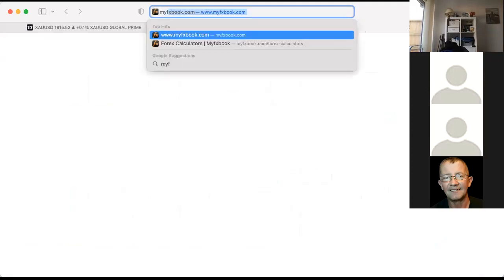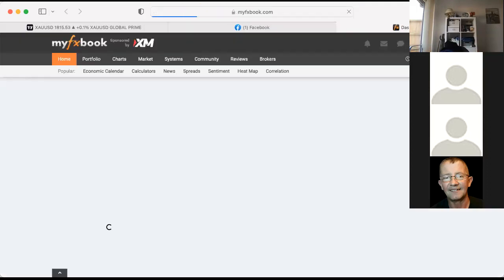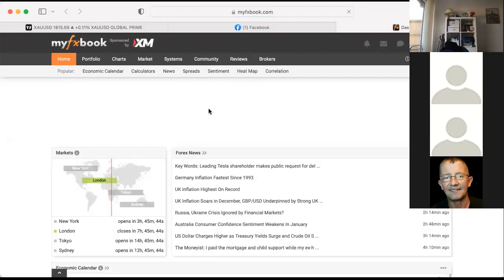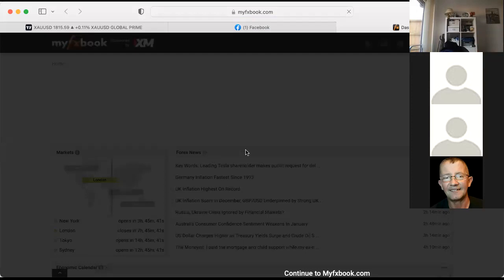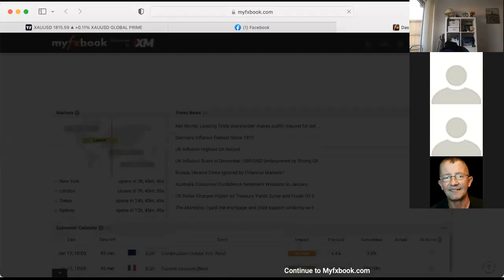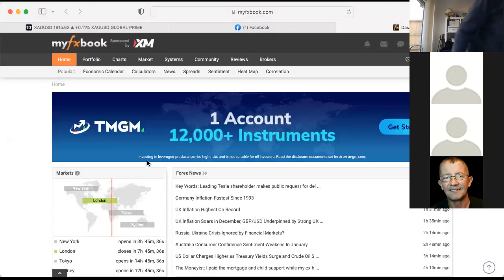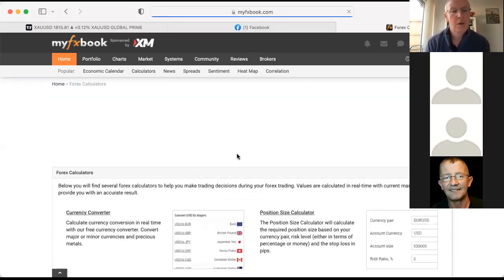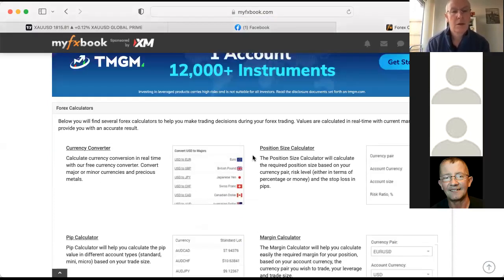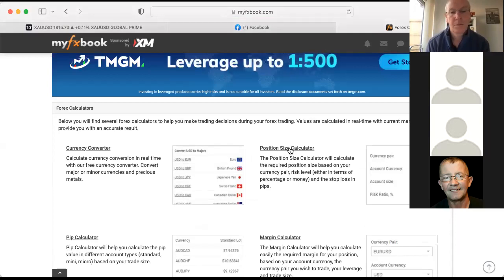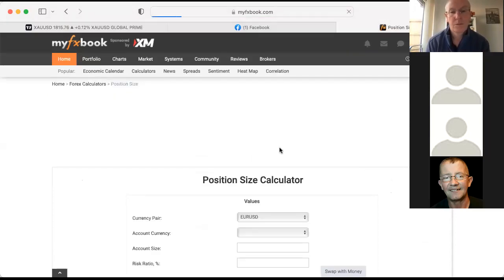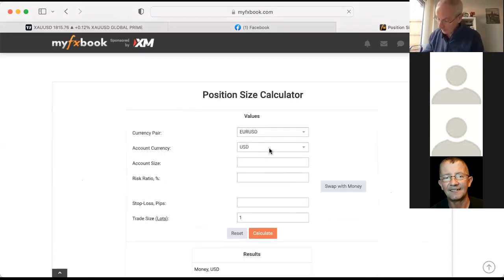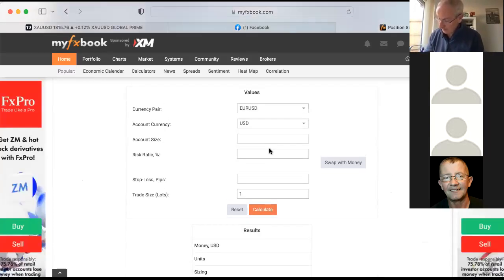If we go to my FX book and we go to calculators, and my apologies if somebody watched me last Wednesday and I did the same thing, but I've had a couple of questions about this, so it's perhaps worth going over again. When you first open this calculator, it automatically takes you to Euro USD.